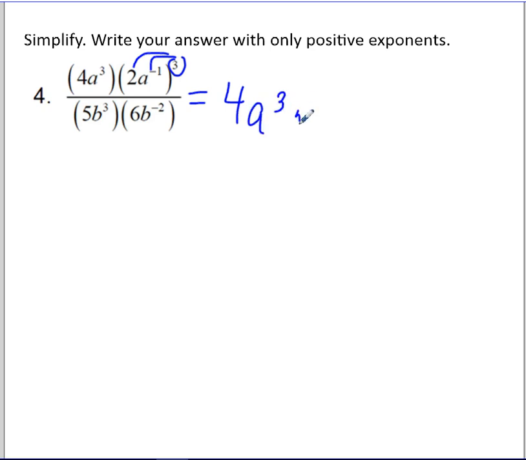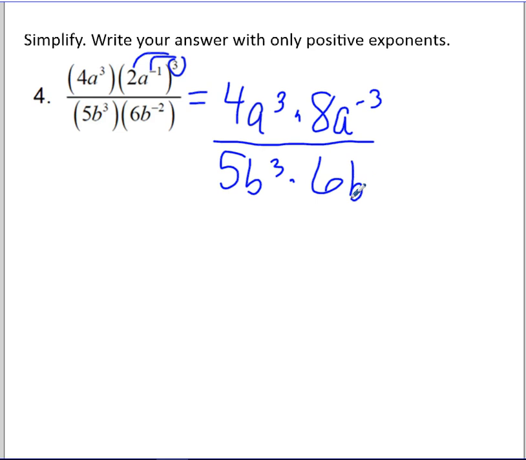And then we have 2 to the 3rd power, which is not 2 times 3. Remember, it's 2 times 2 times 2, which actually will give us 8. And we have a to the negative 3 power, all over 5b cubed times 6b to the negative 2 power.